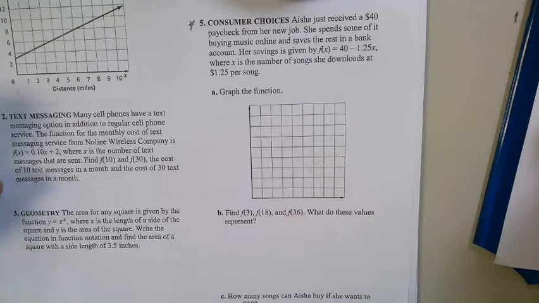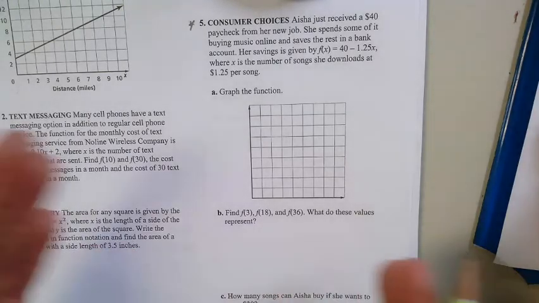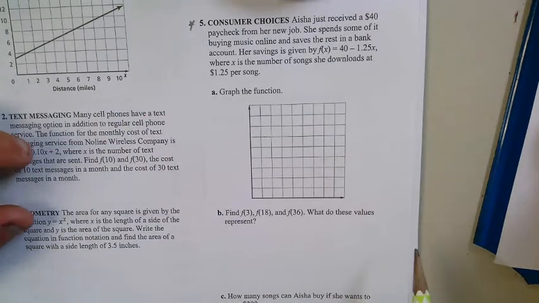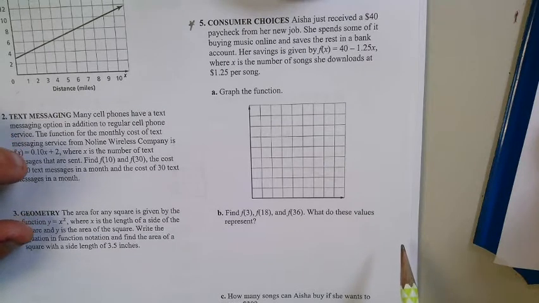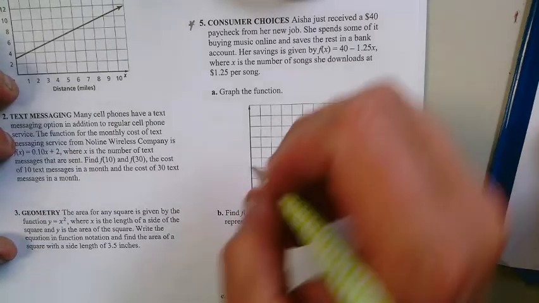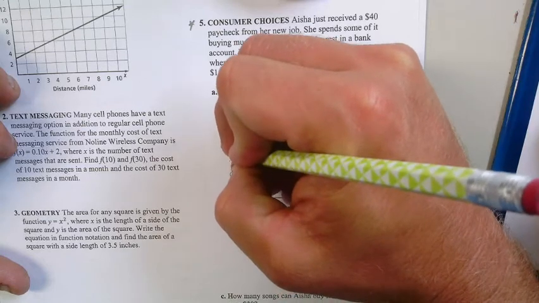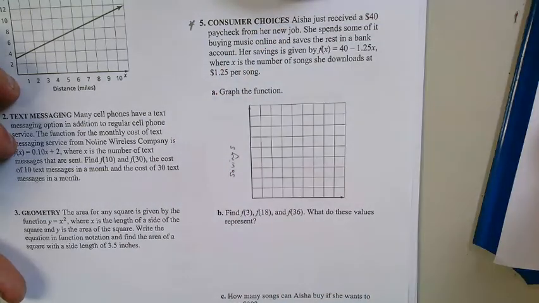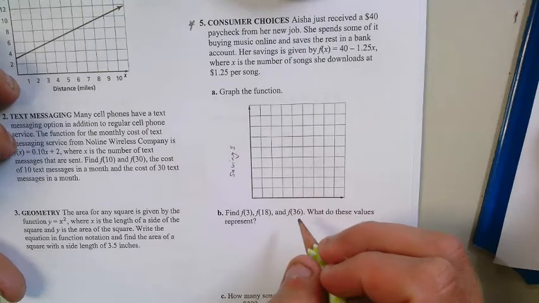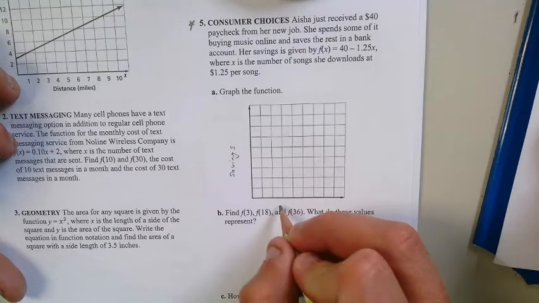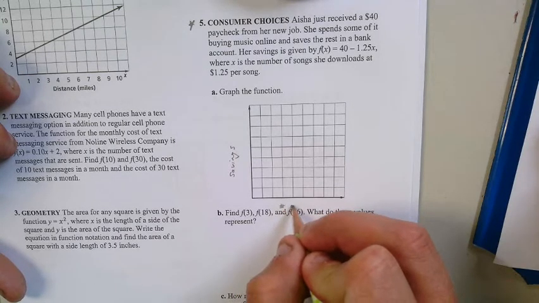Okay? Graph the function. All right, now first of all, what I ended up doing was trying to figure out what the axes are going to be. Okay? So I'm going to go ahead and say that this is her savings right here, and that this is the number of song downloads that she's going to do.